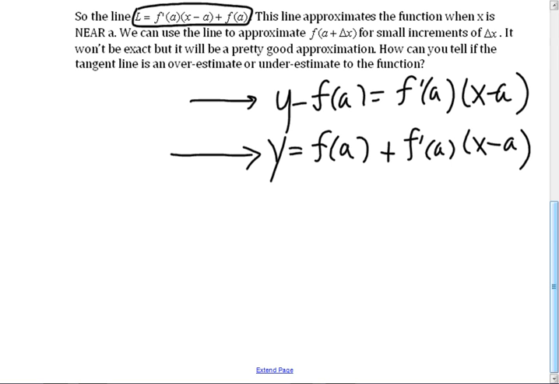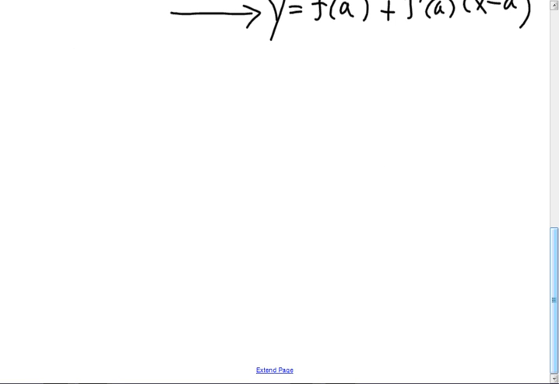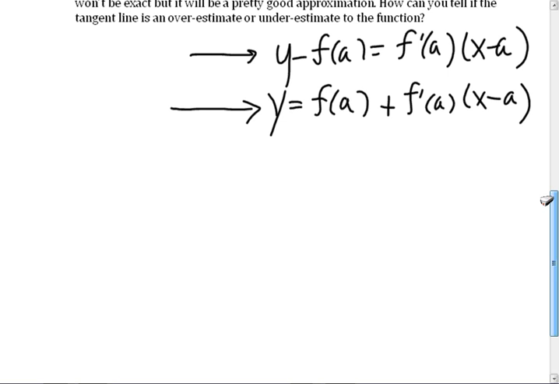And how can you tell if you have an overestimate or underestimate? Yeah, looking at the concavity. So if you draw your curve and you draw your tangent line, here's the value where they touch. This is the value on the tangent line. This is the actual value. Is this an overestimate or underestimate?